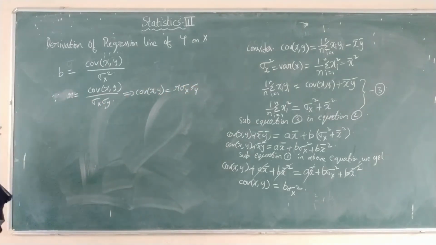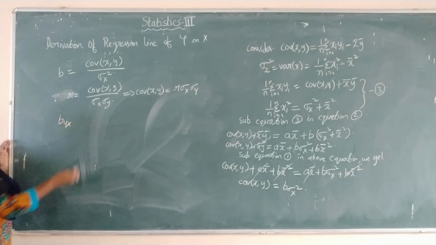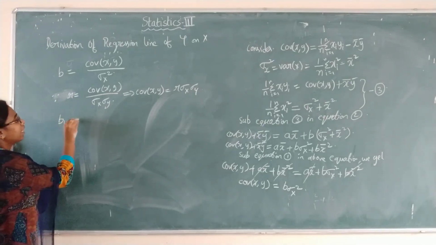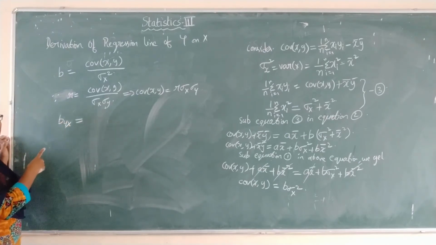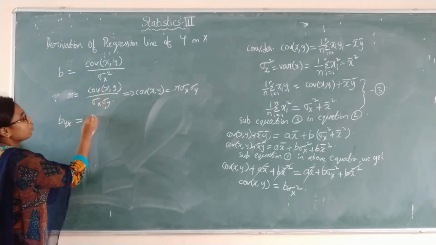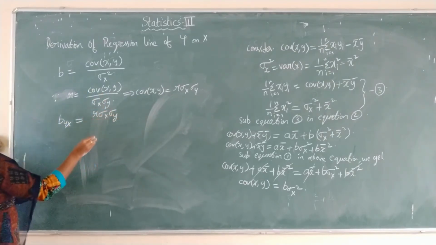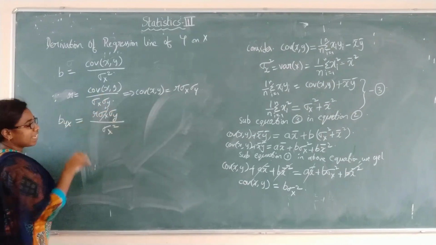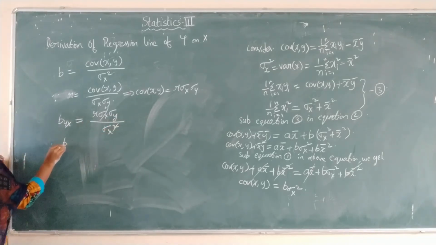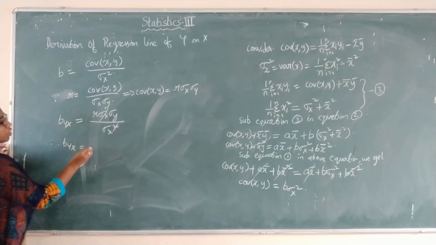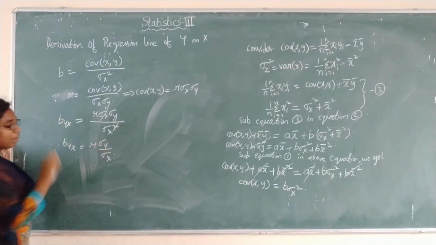So substitute this value, you will get byx, since it is the regression coefficient of regression line y on x. So what is the covariance value? r into sigma x into sigma y divided by sigma x, and one sigma x gets cancelled. Therefore byx equals r into sigma y by sigma x.